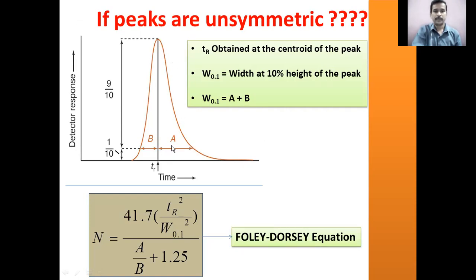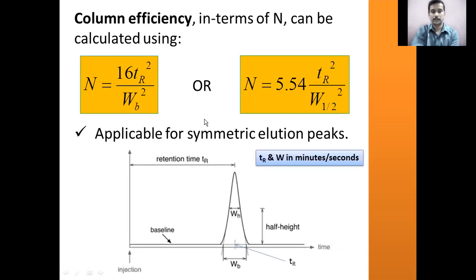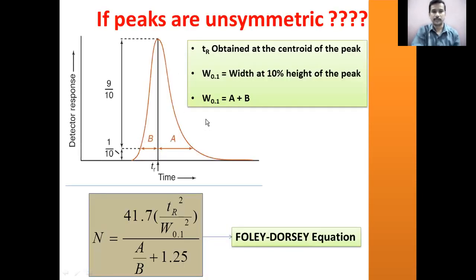So one half of the peak is not a mirror image of the other half, right? In such a case, you can say this is not symmetric. If one half is a mirror image of the other half, then it will be symmetric, exactly. So for such unsymmetric peaks, this equation is not going to be used to calculate the number of theoretical plates.